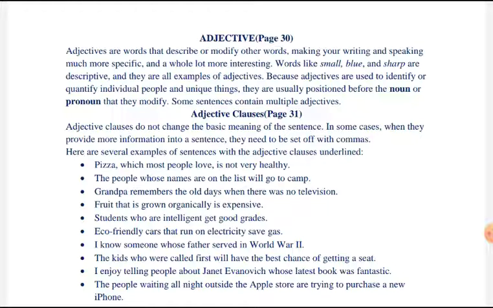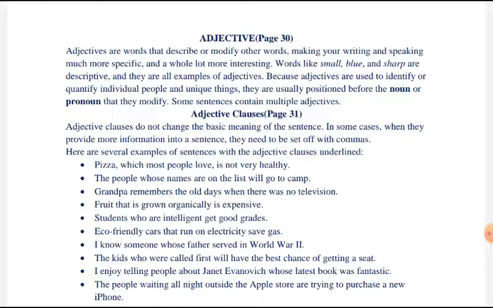Because adjectives are used to identify or quantify individual people and unique things, they are usually positioned before the noun or pronoun that they modify. Some sentences contain multiple adjectives. Example: brilliant students.